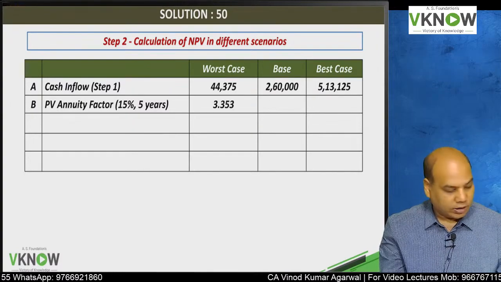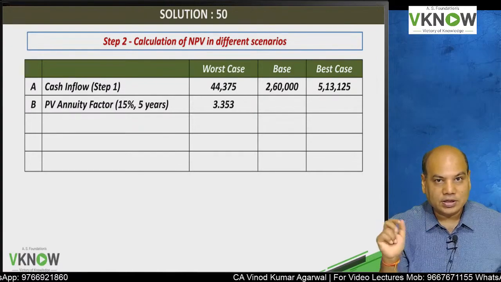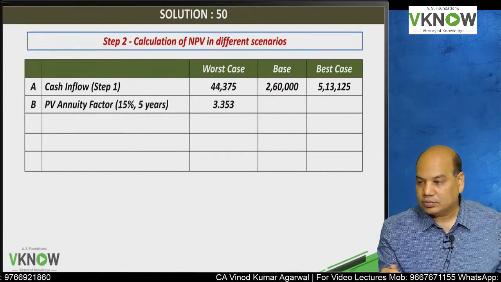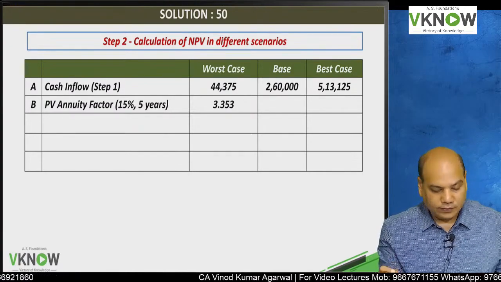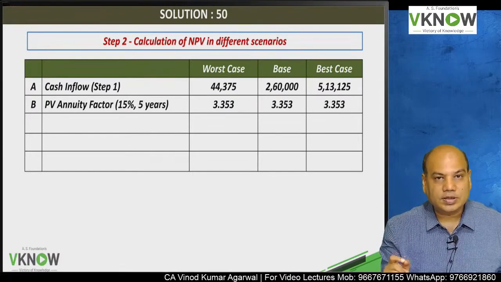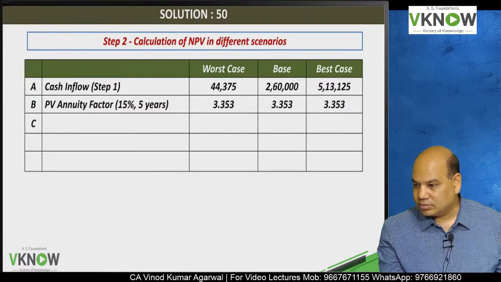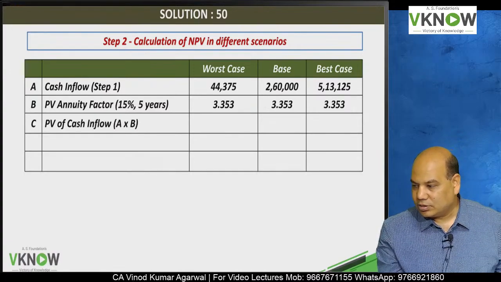PV annuity factor, you add the factors given in the problem, you will get 3.353. Please confirm. 3.353. Is it right? Say yes. 3.353.